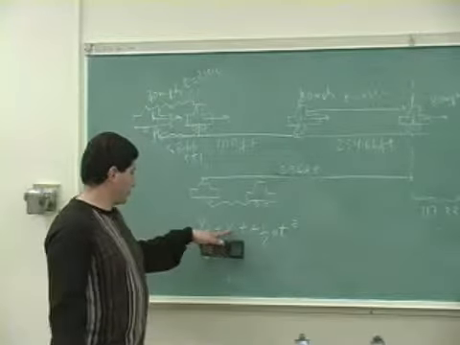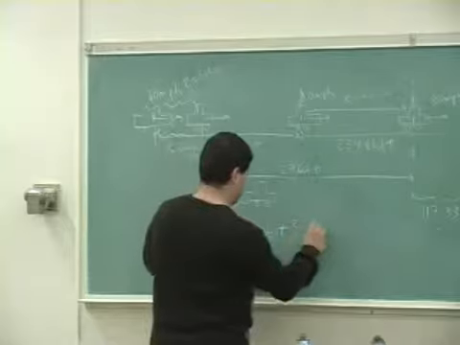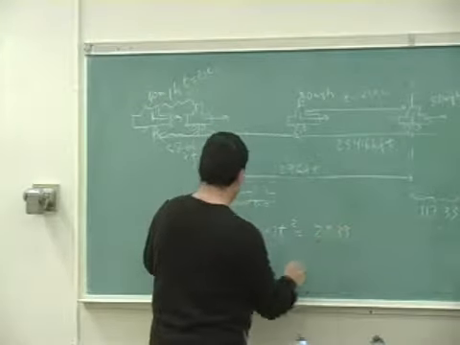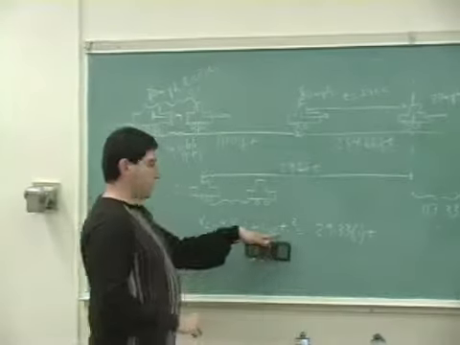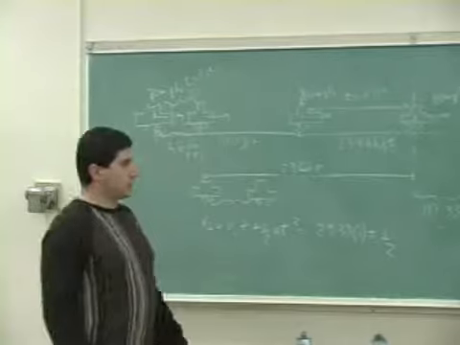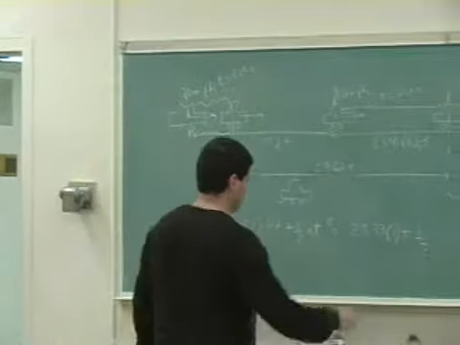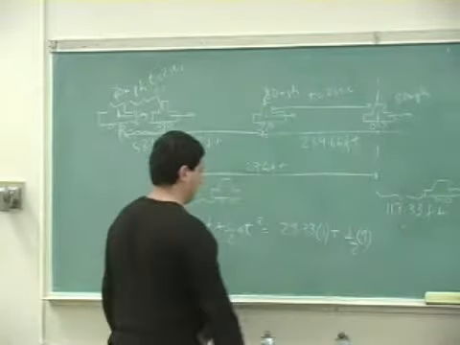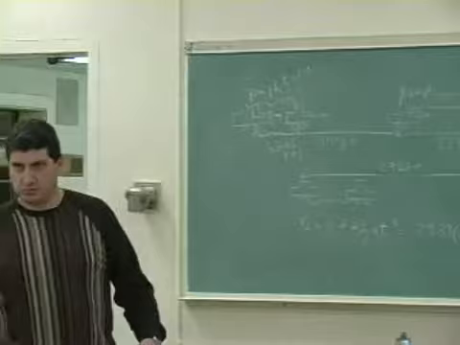T is 1 second. So that's times 1 plus half times a. The police can accelerate at 9 feet per second squared. And then t squared, which is 1 squared.